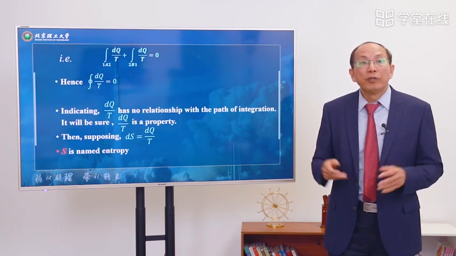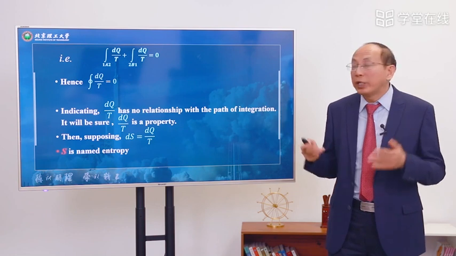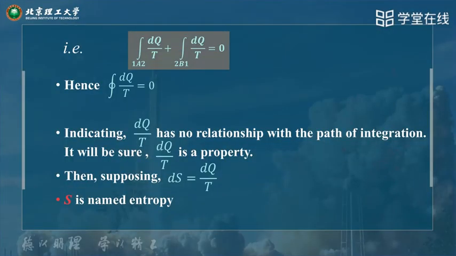From here, we can obtain the integration 1A2 of dQ over T at the high temperature plus the integration 2B1 of dQ over T at the low temperature. Together, they are 0.